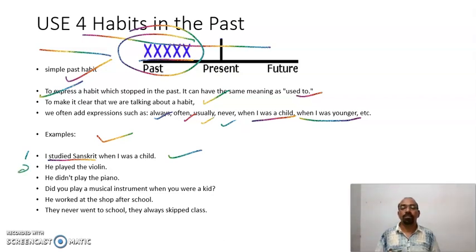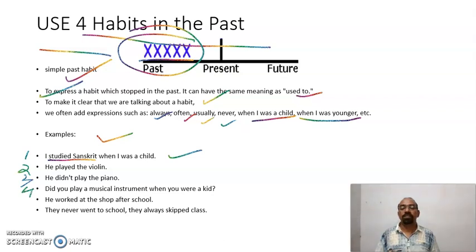Second sentence. He played the violin, which means he used to play violin. Third sentence. He didn't play the piano. That is also a habit that he had not followed.